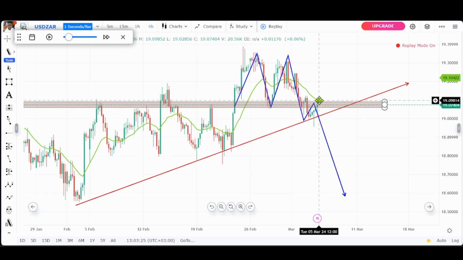We are using 21 because there are approximately 21 trading days in a month. Now, we can see here the 21 period has acted as resistance, confirming to us that this would be our entry point. The market is going down. Now, we can enter short here.